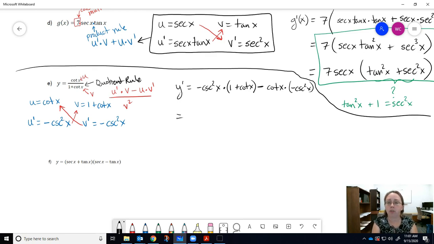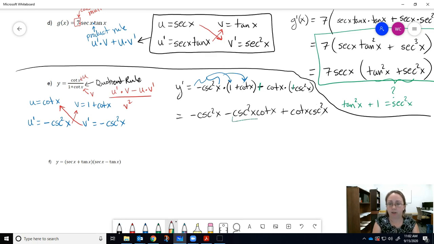Let's see, we could distribute. We could simplify these signs at the end. These are 2 negatives, make a positive. Let's see, that's going to be cosecant cotangent, and here we have cosecant cotangent. So let's go ahead and distribute, see if we can simplify. So if I distribute negative cosecant squared to the parentheses, and then the last two, well, we already did the sign, so that's plus cotangent cosecant squared.